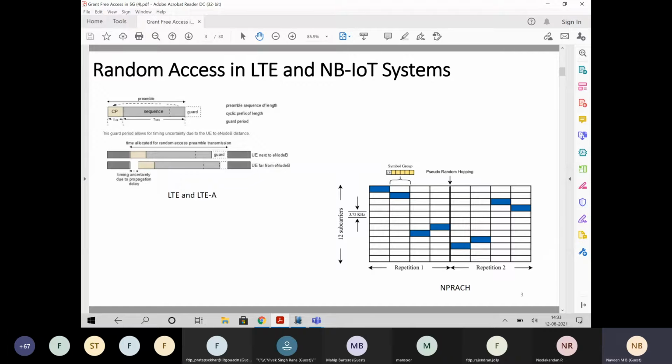That's why they picked only one subcarrier. But the same problem occurs: if two users pick the same sequence and the same starting subcarrier, they will collide. NB-IoT has only 48 possible starting subcarriers, which means there are only 48 possible preambles in NB-IoT.